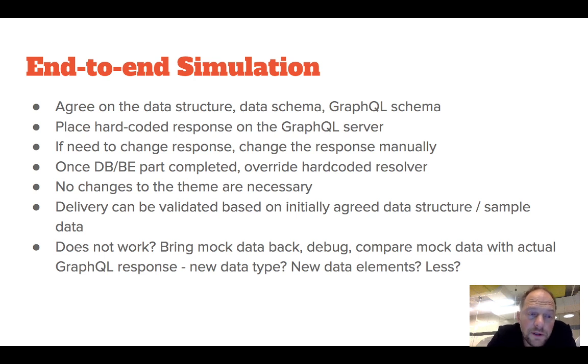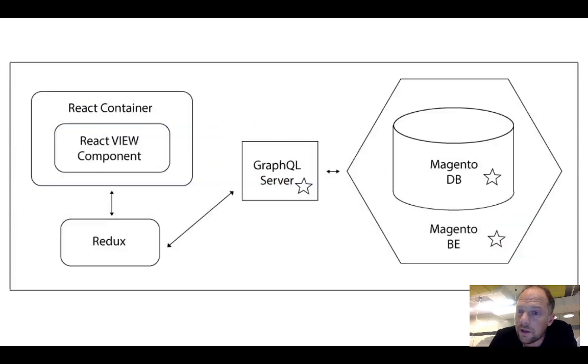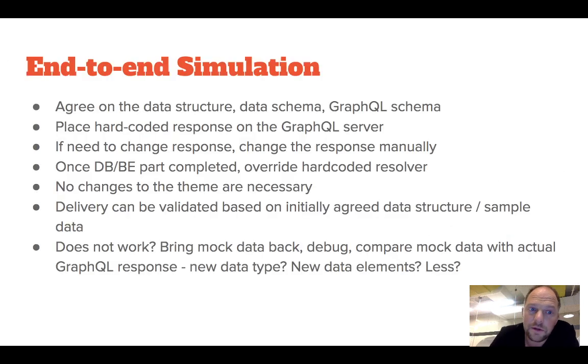And once the database and Magento backend part on the right-hand side is completed, we just override this hard-coded resolver, and no changes to the theme are necessary. Suddenly, the theme starts to get real content. And if it doesn't work, then we bring the mock data back.